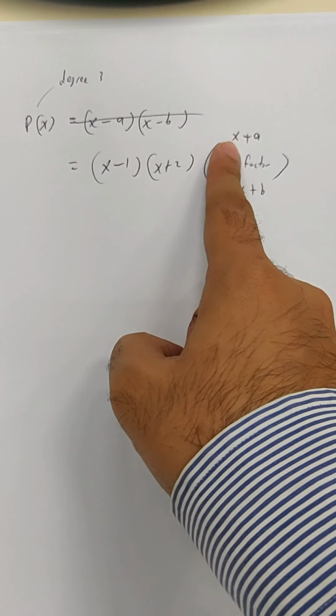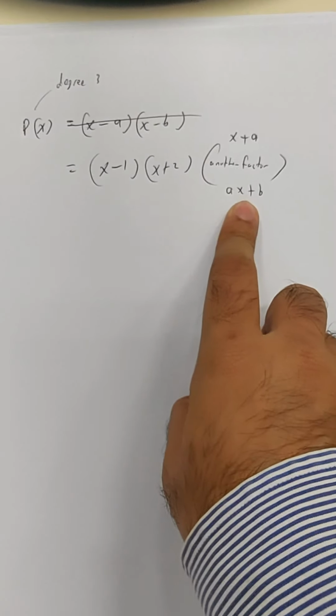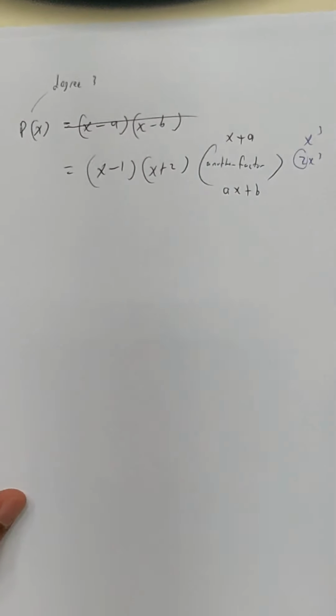If I expand everything, I get x cubed, but I do not know whether I'm going to have something like 2x cubed or 5x cubed, or maybe it's just x cubed. Since we are not sure, we're going with this one first, ax plus b. There's a number in front.